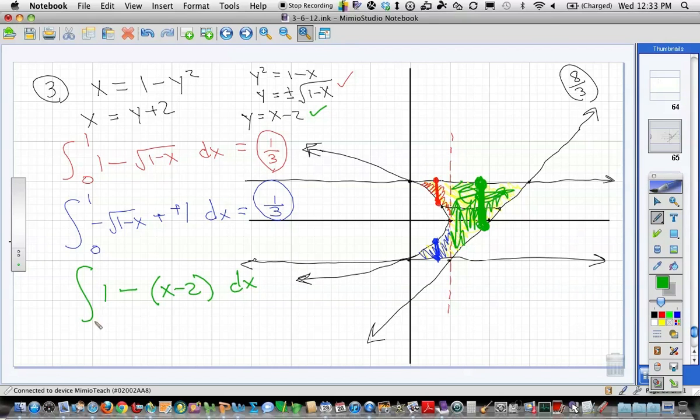Width is dx. Strips go from 1 to 3. You type that in and you get 2. You add up those areas, 2 2/3, which is 8/3.